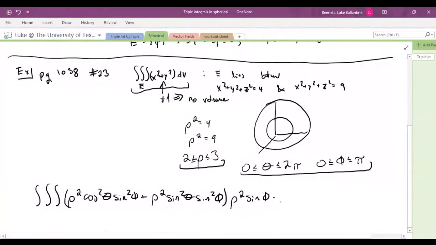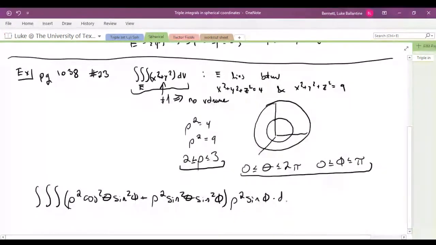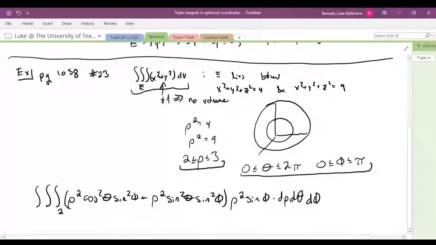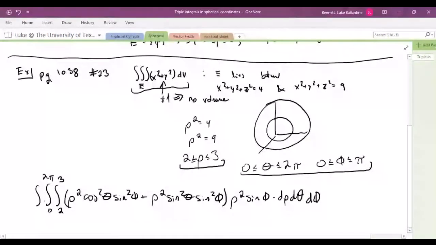And then we're going to multiply by d rho d theta d phi, where rho lies in between 2 and 3, theta lies in between 0 and 2 pi, and phi lies in between 0 and pi.